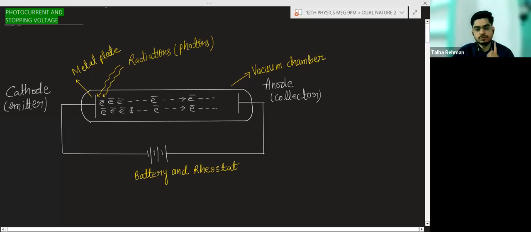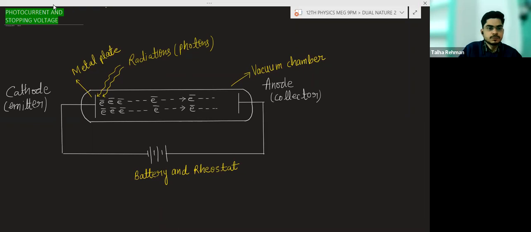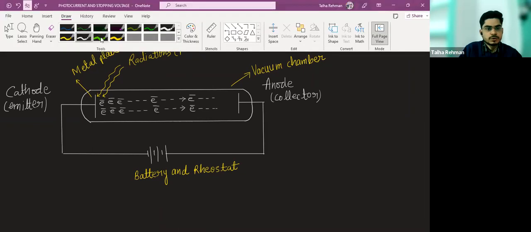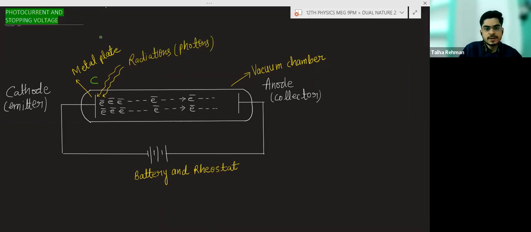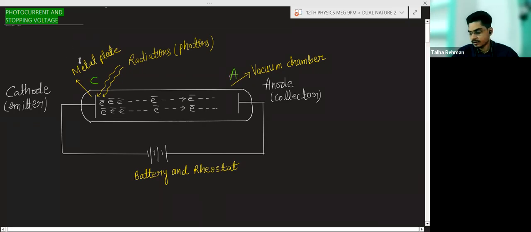We will denote cathode with C and anode with A.